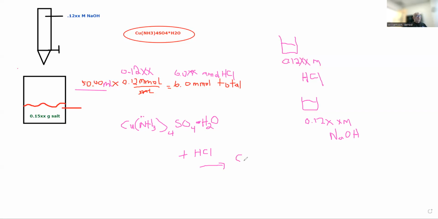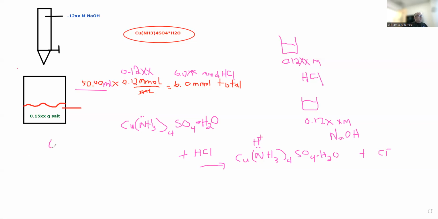And we're going to get Cu(NH3)4SO4·H2O, with a single H2O, and I have an H+ on here. Plus chloride ion floating around as a spectator.